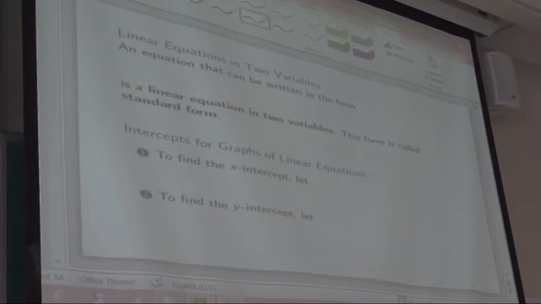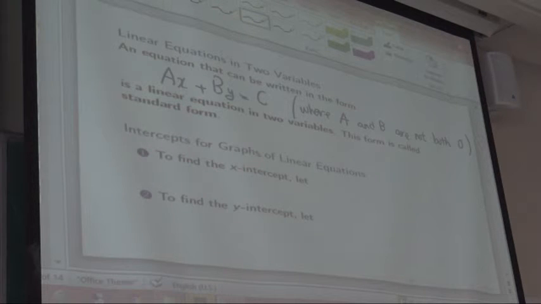A linear equation in two variables is an equation that can be written in the form of ax plus by is equal to c, where a and b are not both 0. So at least one of them should be non-zero.